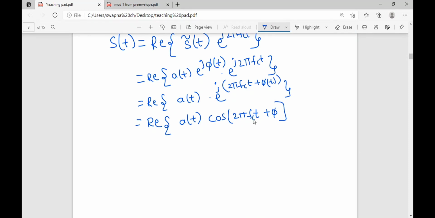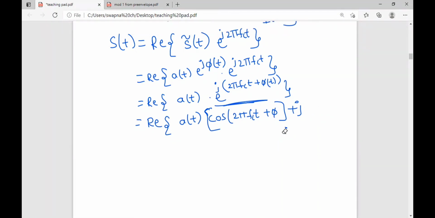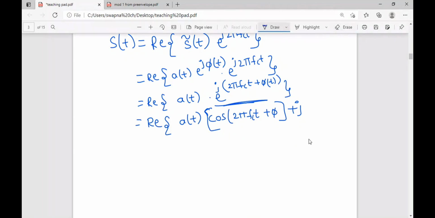I'm just expanding this. e power j theta can be represented as cos theta plus j sin theta. Let me write it separately and then I'll multiply. So cos 2 pi fct plus phi of t plus j sin 2 pi fct plus phi of t.